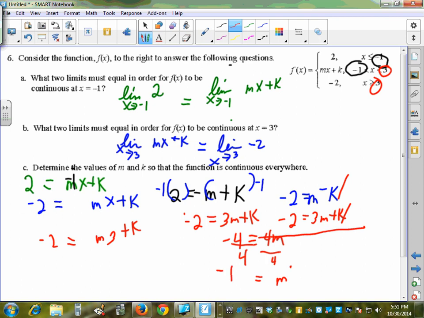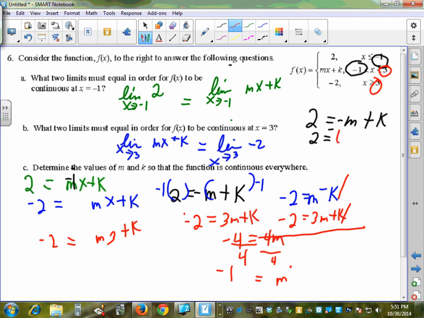Now we need to find the value of k. So all we need to do is go back to one of these equations and plug in what we just found out. I'm going to go with this black equation, which was 2 equals -m plus k. We just found out that m was equal to -1.